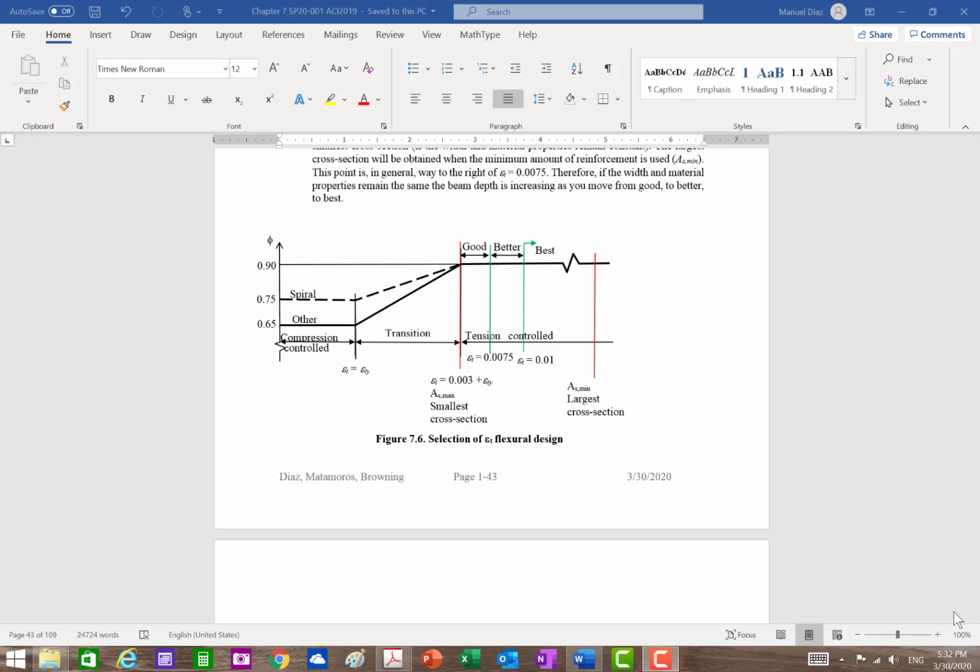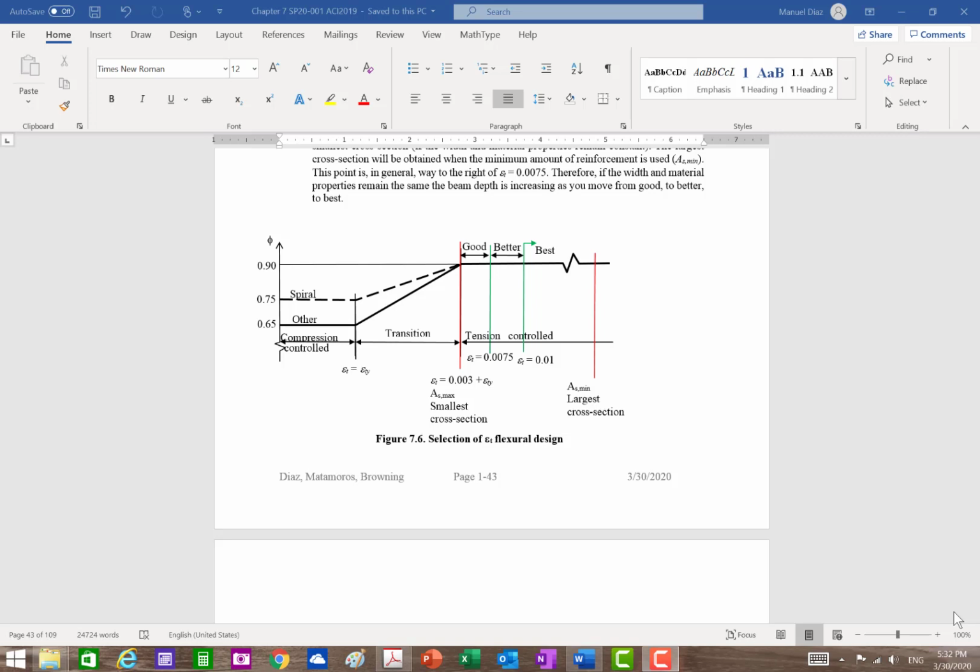So for a given width and a given set of properties, that means strength of concrete and rebars, you will have one kind of solution for the smallest section and one solution for the largest cross section.